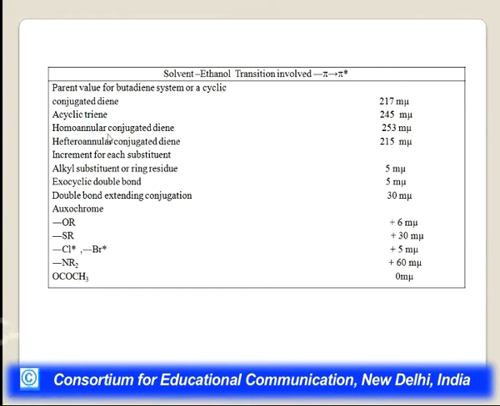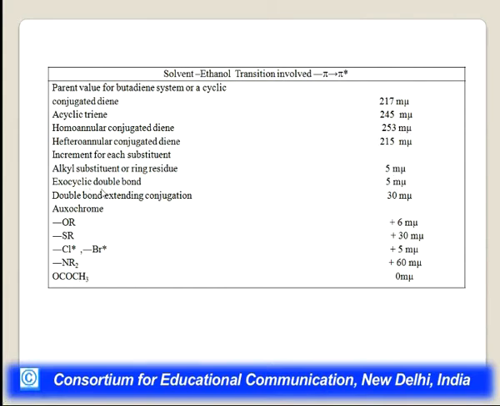For homoannular conjugated diene the basic value will be 253. For heteroannular conjugated diene the basic value is 215, and for each alkyl substituent, or we can say for each ring residue, the contribution to lambda maximum will be 5.